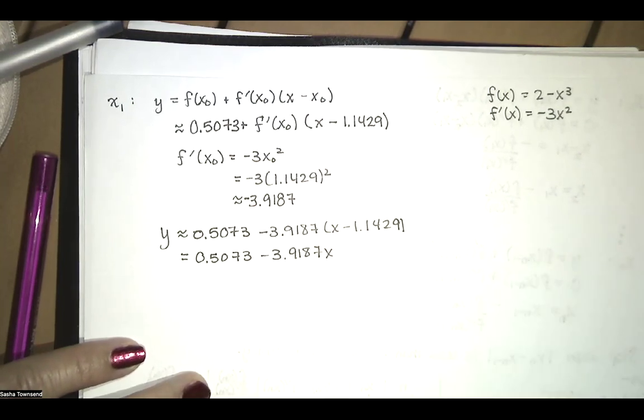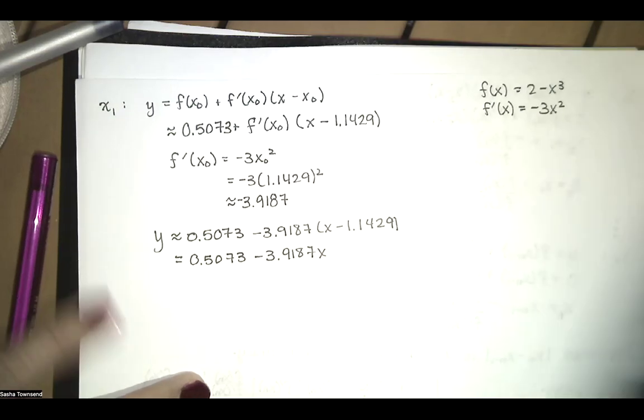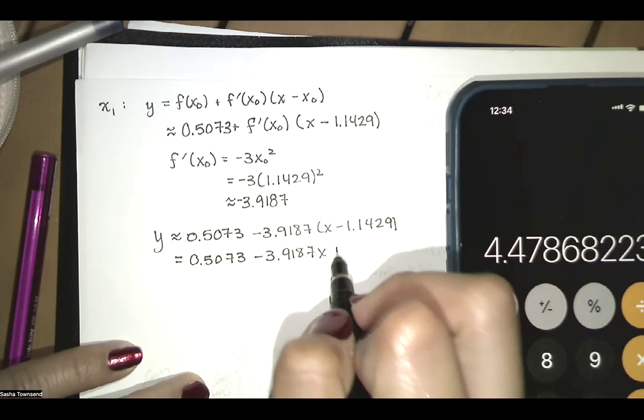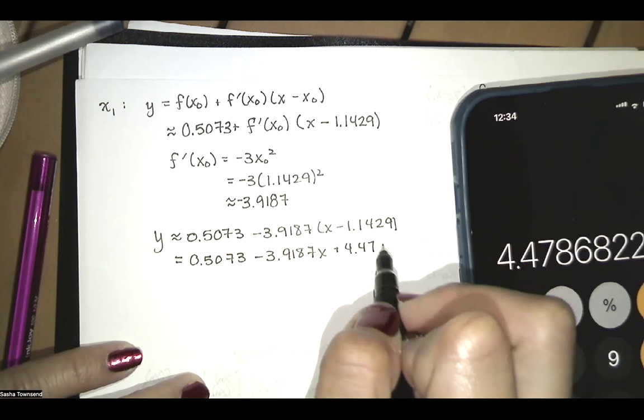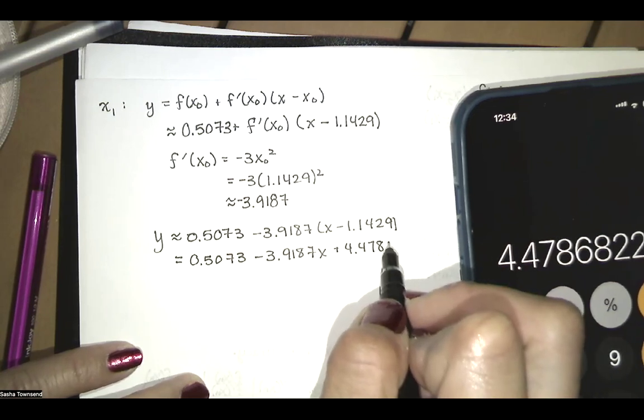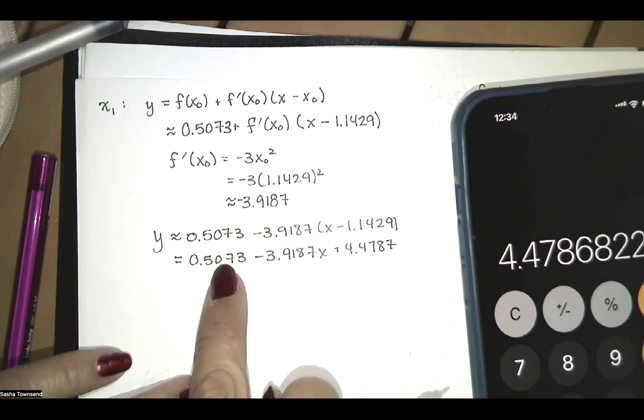When I multiply those together, I get this value, 4.4787. And then these are like terms, so I'll add those together.